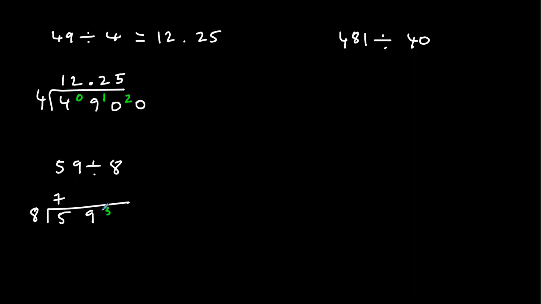And then 8 doesn't go into 3, so we add our first 0, and then we put a point at the top. Then 8 goes into 30 3 times with a remainder of 6. And then 8 goes into 60 7 times with a remainder of 4. And then 8 goes into 40 5 times with a remainder of 0. So the answer is 7.375.